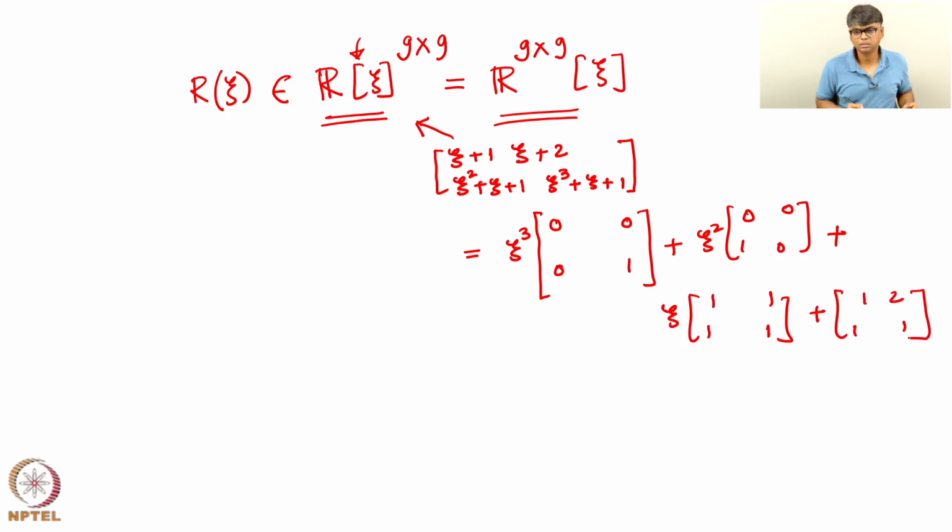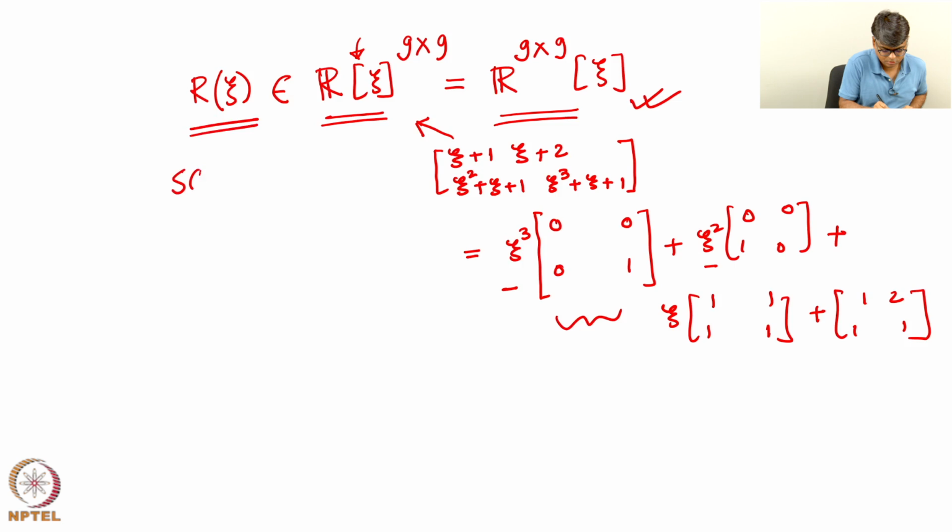You see? So this is like a polynomial, but the coefficients are matrices. That's what this notation means, but they essentially are the same thing. Okay. Now, where were we? This is a square polynomial matrix.